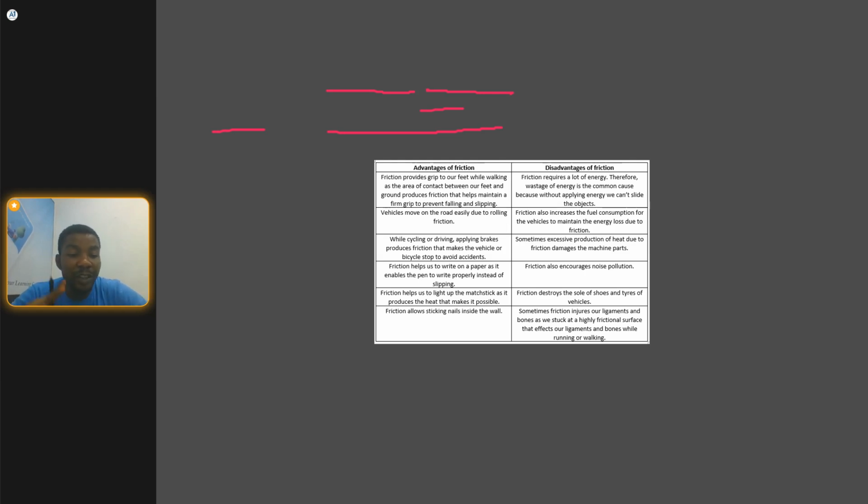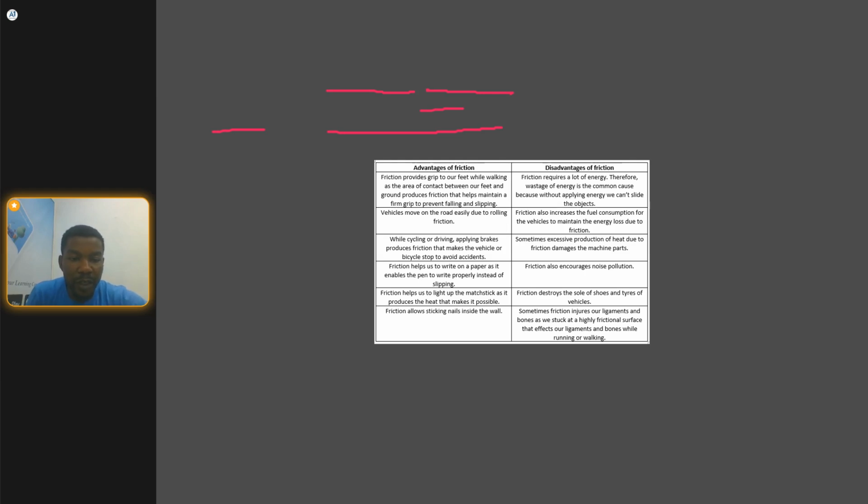So one advantage of friction is that it enables us to walk. Why we are walking is because friction exists. Are you getting it? So one good advantage of friction is that it enables us to walk by providing us with a grip while walking.